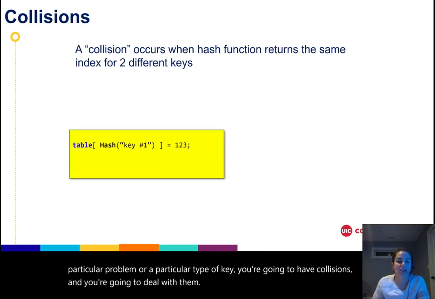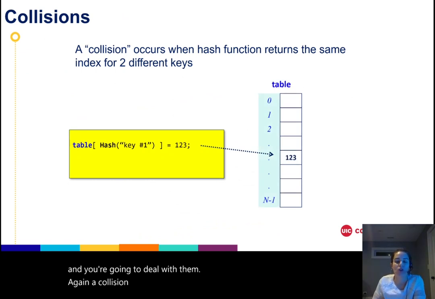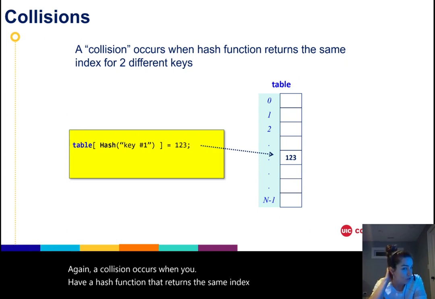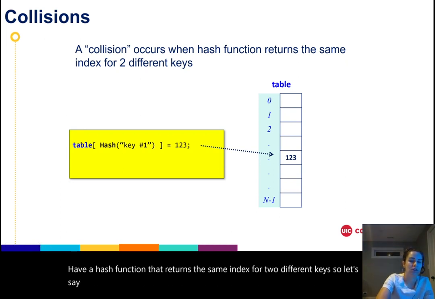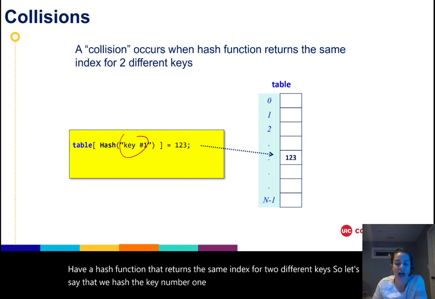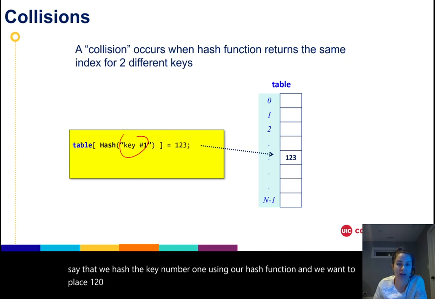Again, a collision occurs when you have a hash function that returns the same index for 2 different keys. Let's say that we hash the key number 1 using our hash function, and we want to place 123 in that element in the array. So we hash, it gives us a location in the array, and then we put 123 there.